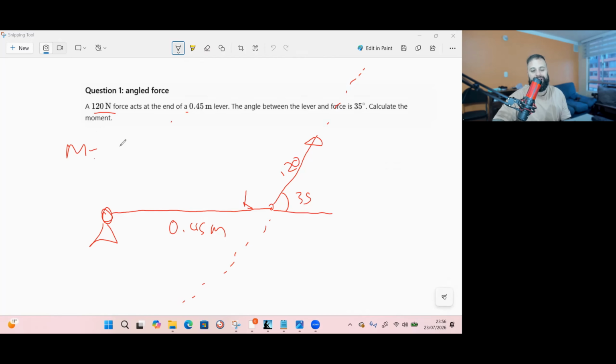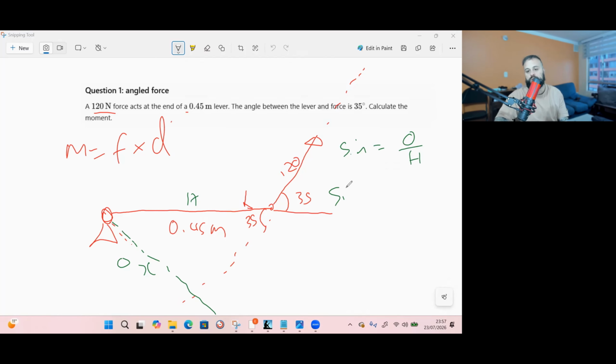We know moment is force times distance, but we need the perpendicular distance. This angle also is 35, and I'm going to draw the perpendicular distance in green. We're looking for this, which I'll call X. This is O, this is H, and sine is equal to opposite over hypotenuse. So sine of 35 degrees is the opposite X over the hypotenuse, which is 0.45.